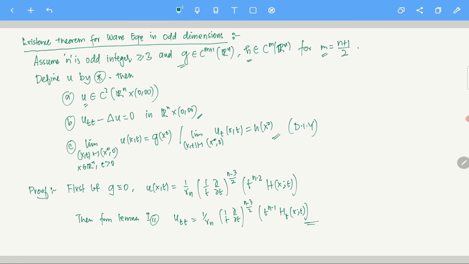Now once you have this, you remember what is capital H of t of x. When we did the mean value property, in the first week we calculated this thing: H of t is t by n, the average over B(x,t) of the Laplacian of h dy. I hope you remember this.